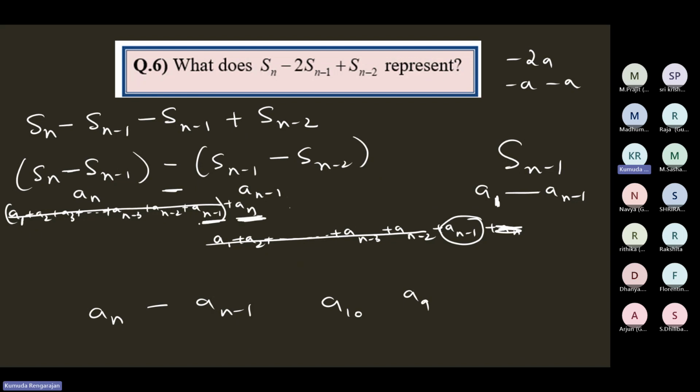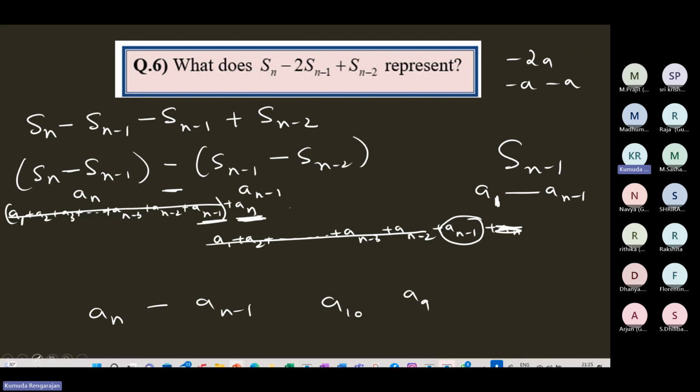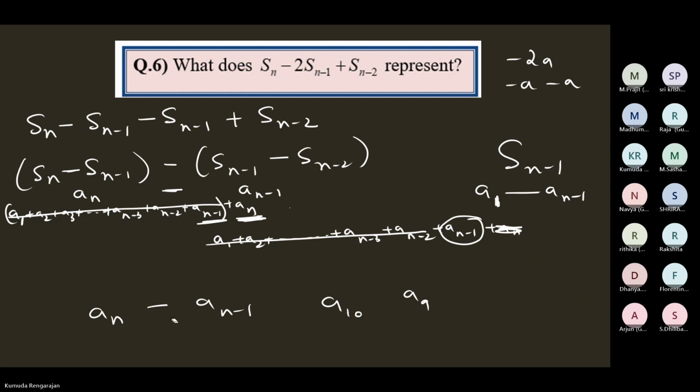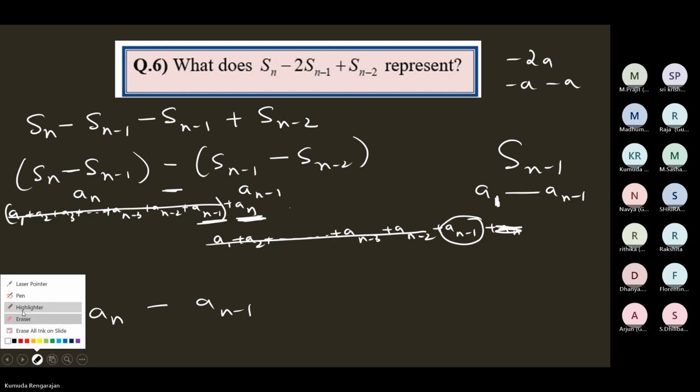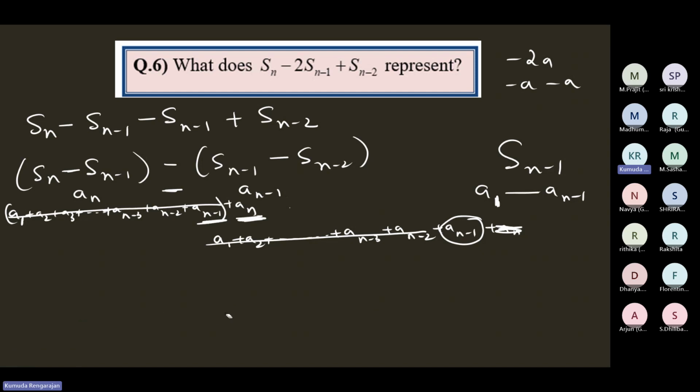And what is An minus An minus 1? The common difference. What is the difference between any term and its preceding term? It's the common difference. The difference between A3 and A2 is the common difference.